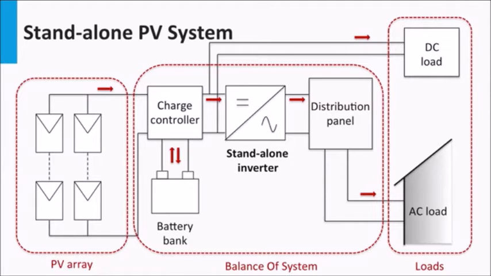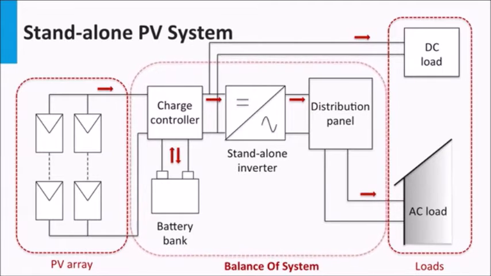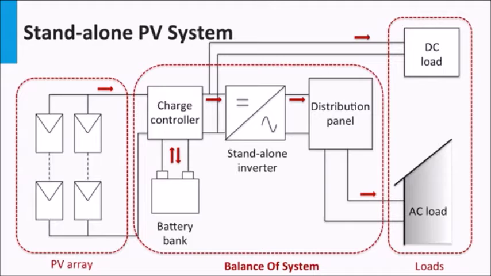The standalone inverter has to be responsible for efficient power conversion from DC to AC power over a wide range of the loads. The better the inverter, the higher the efficiency over a variety of loads. Together, the charge controller, battery, inverter, distribution panels and the wiring make up the balance of system.